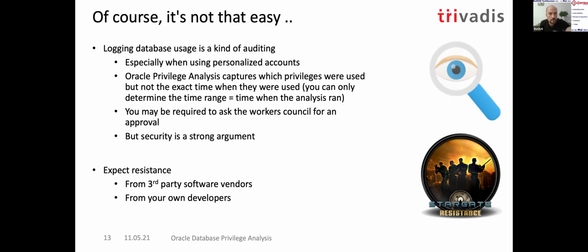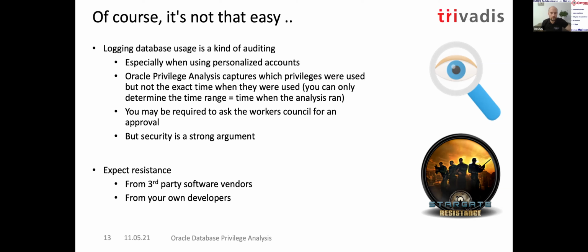Even though privilege analysis is not really exact auditing, because you do not log when a user did what, but you have only a range of time because you start your analysis at one point and you end it at another point. But it's a good idea to talk to them about your plans of privilege analysis. Security is always a good argument, and you should be on the safe side then.